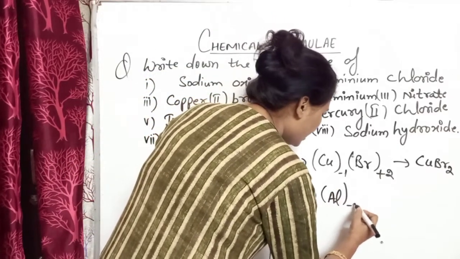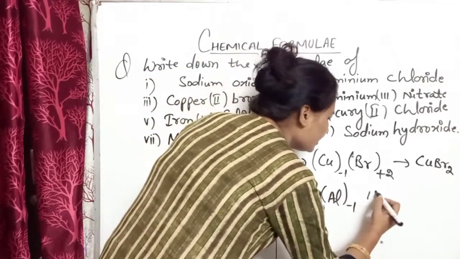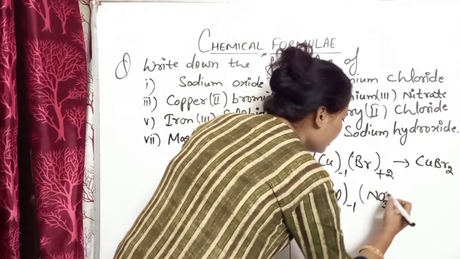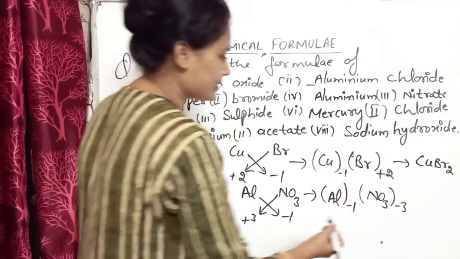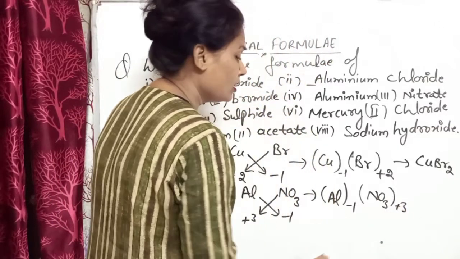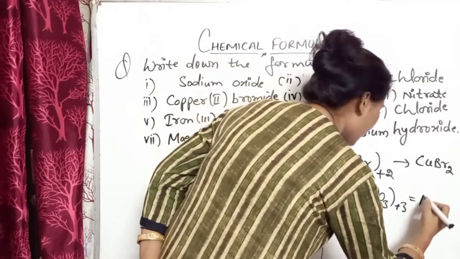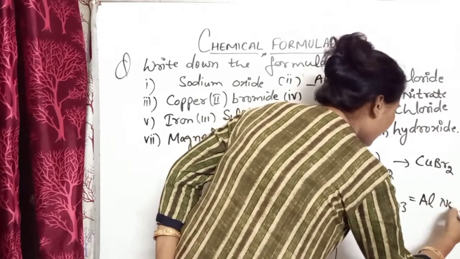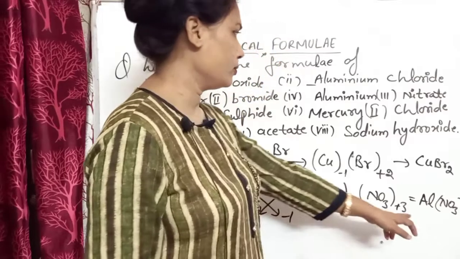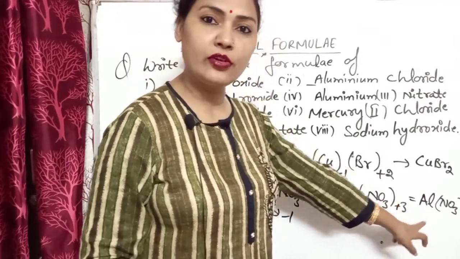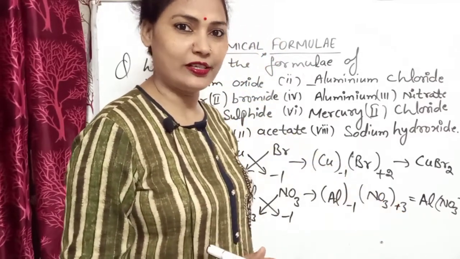So with the aluminium -1 and with the NO3 +3. Now our formula becomes Al(NO3)3, whole thrice. So this is the formula of aluminium(III) nitrate.